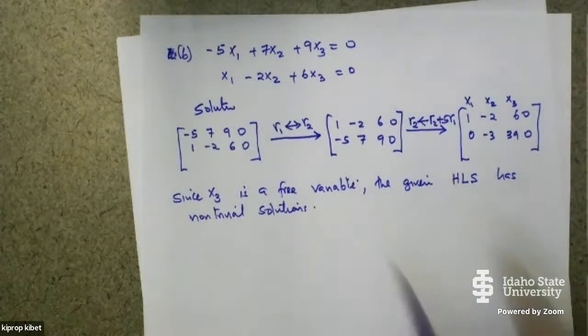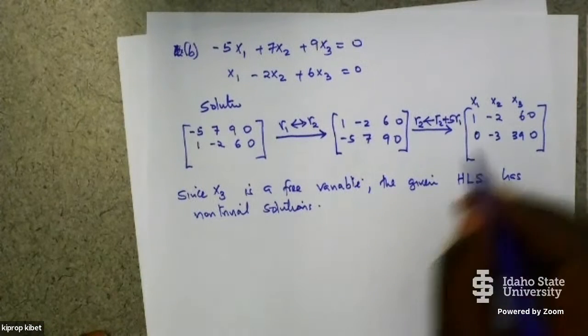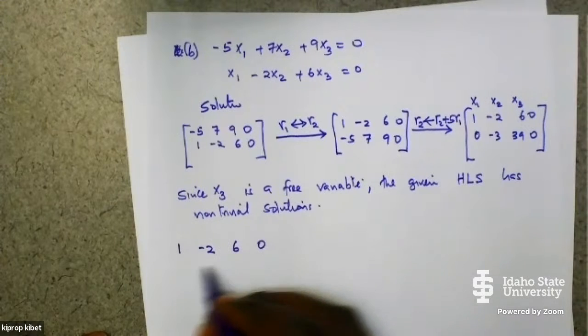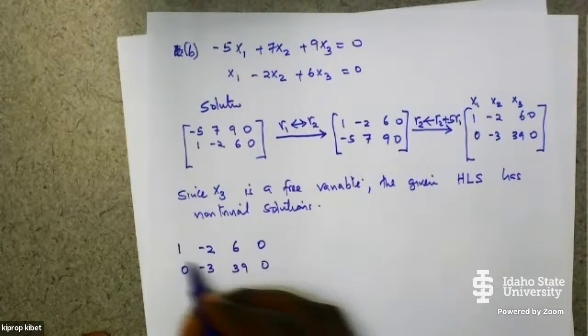So we need to reduce this matrix now, because we want to get the solution set. This is in echelon form. Now we need to reduce it completely so that we get the solution set. We already have 1, -2, 6, 0, and 0, -3, 39, 0.